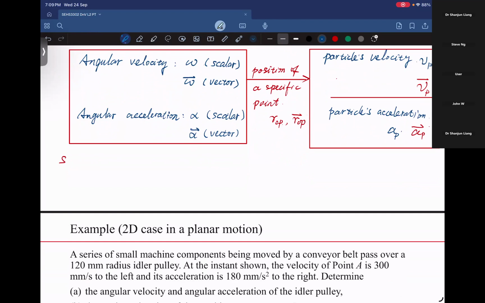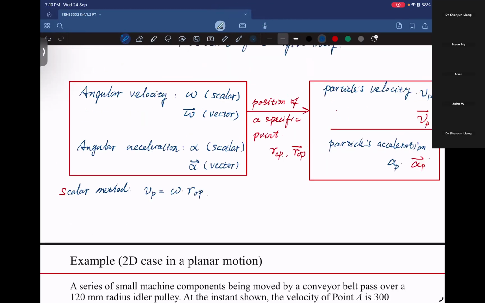In the scalar method, velocity of P is omega times ROP, right? O is the center.